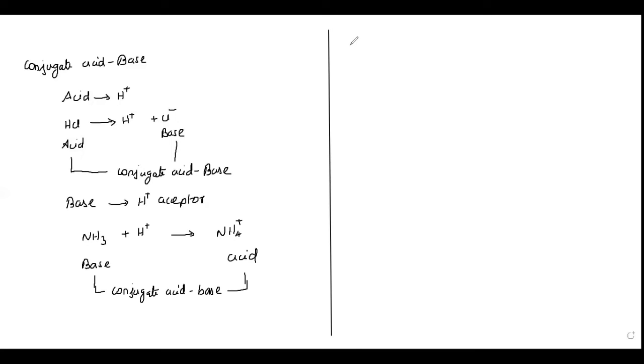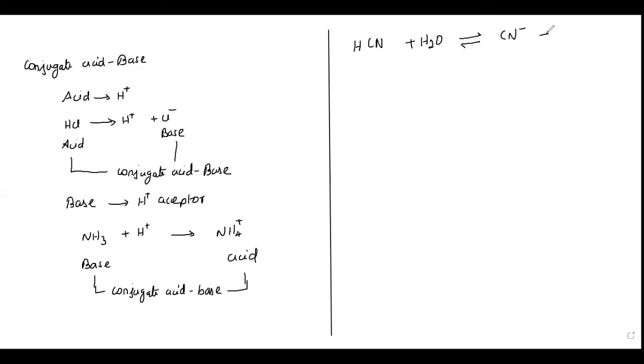Listen here. I'm having HCN and H2O. In this, we are going to find which one is base and which one is acid. So listen very carefully. HCN will donate H plus. After donating H plus, what is left? CN minus.